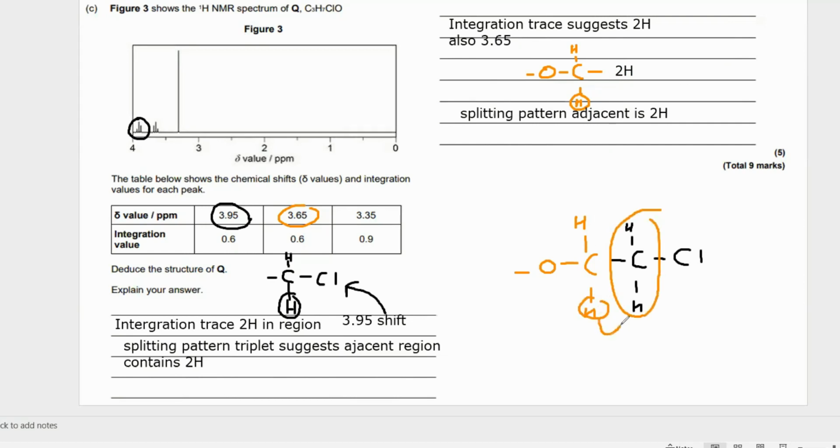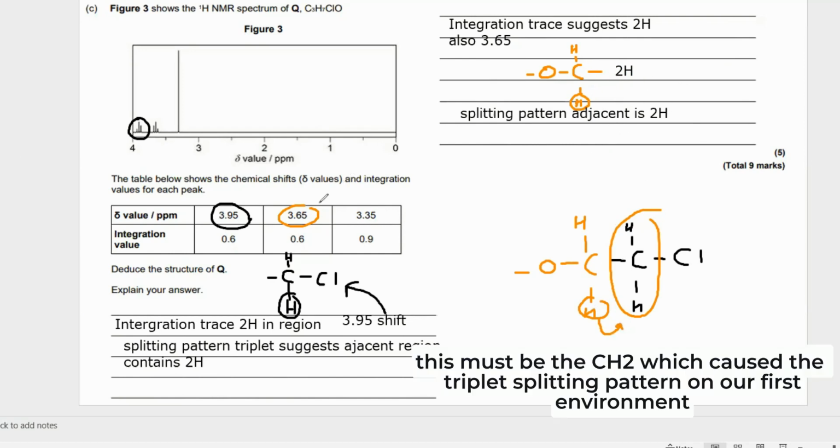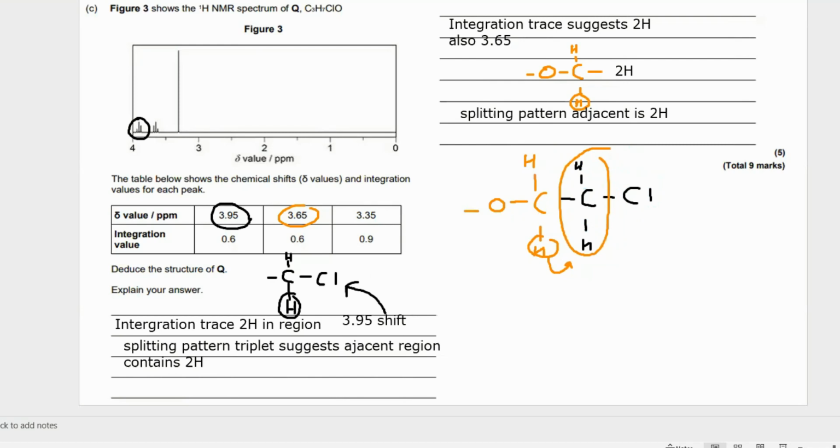And the splitting pattern of the 2H is a triplet, which is saying that adjacent to it is a carbon with CH2. So that's why both of these regions, 3.95 and 3.65, had triplets, because they're next to each other and they both contain CH2. So those triplets tell you what's next to each other, and that means we know there's CH2.